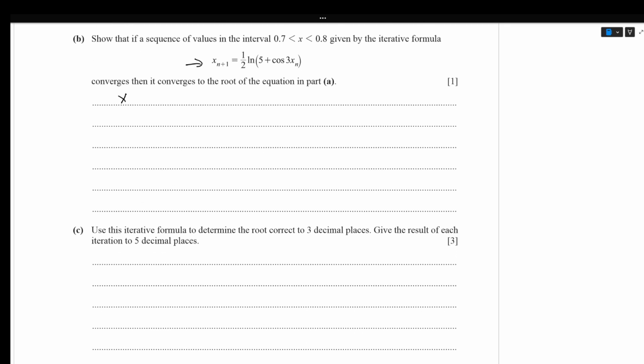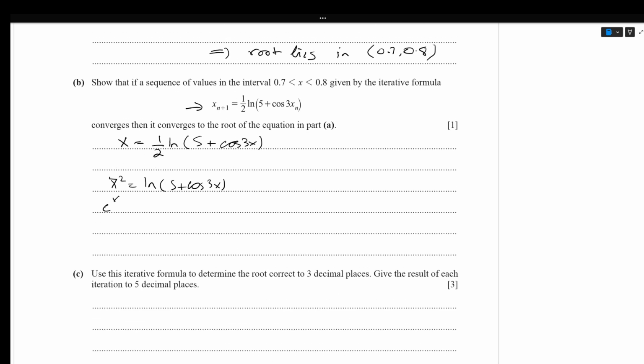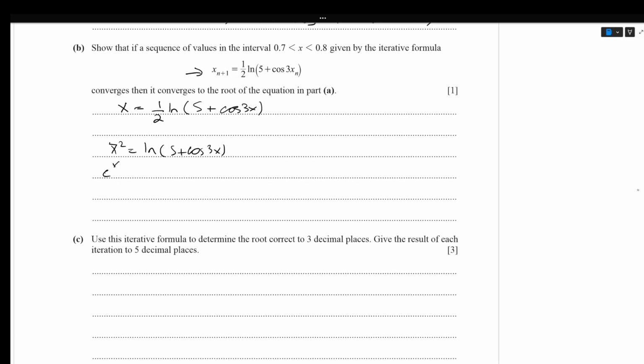So I'll start with x equals 1 by 2 ln(5 plus cos 3x).